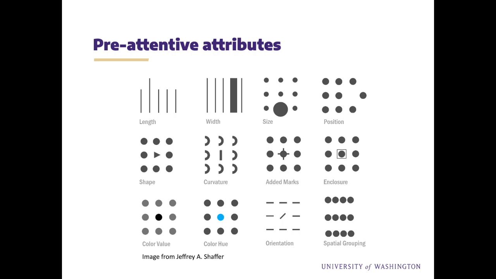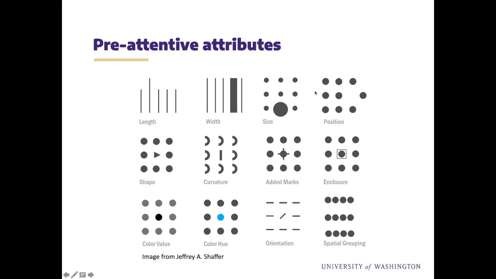Generally, length included, we call these pre-attentive attributes. So these are the kind of surface features of an image that your eye is pretty good at picking up, and it allows you to highlight your attention to particular areas. So here are a variety of ways that this can show up. For instance, length, it's really easy to see which of these lines is longer. Width, we can see easily which line is wider. Size is often used to show the magnitude of something.